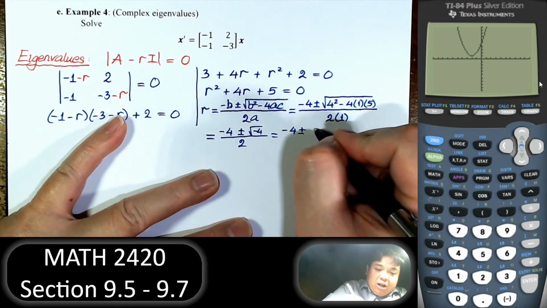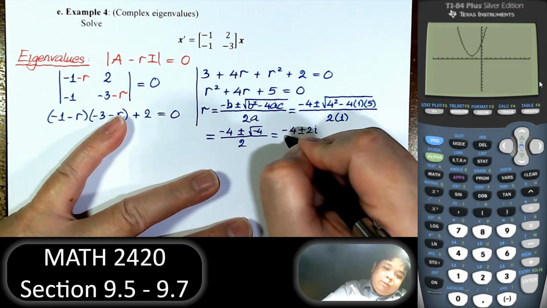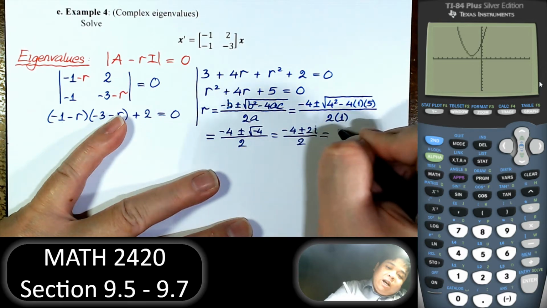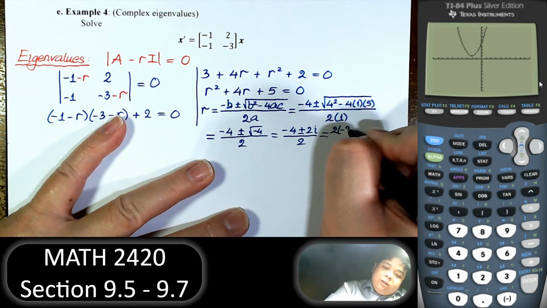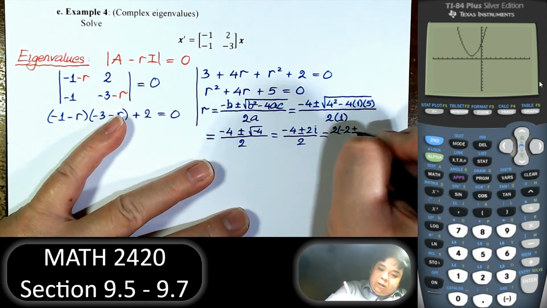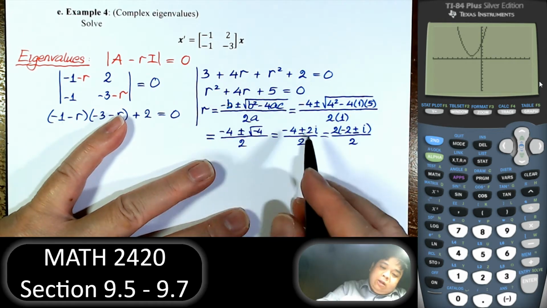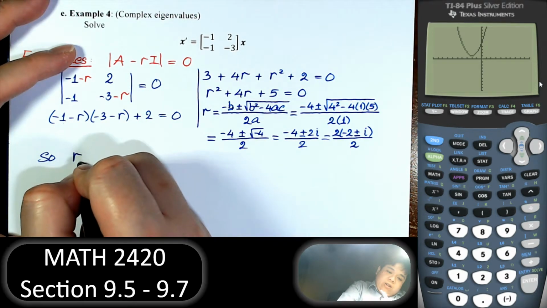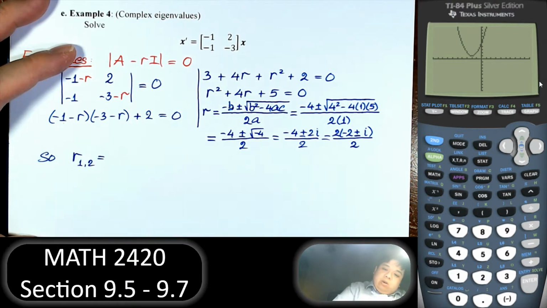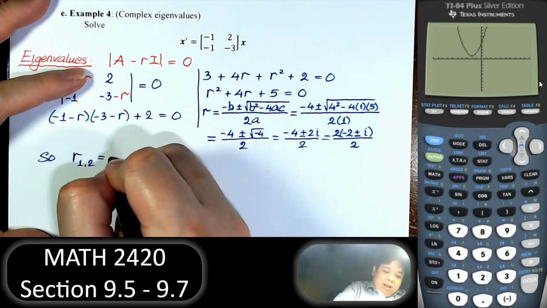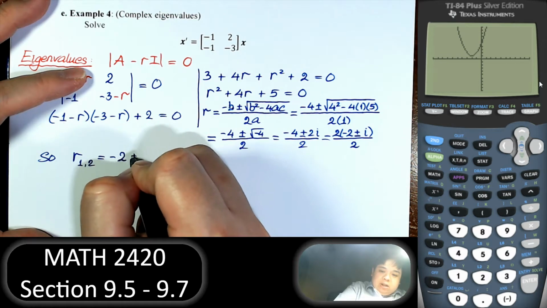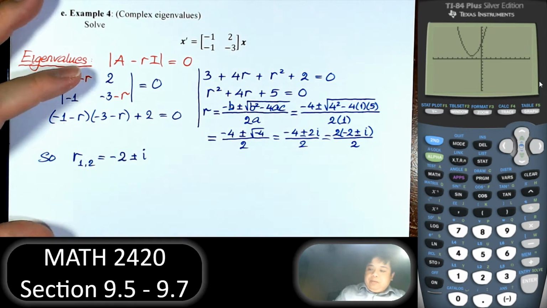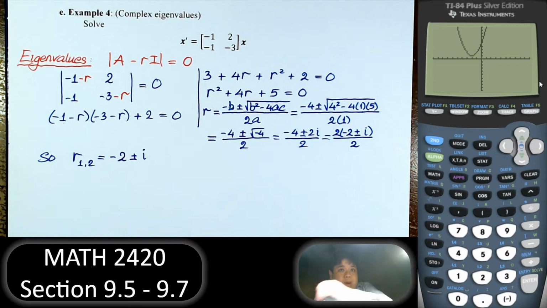Bring the negative outside, it is i. Square root of 4 is 2. Factor out 2 and cancel out the 2. So we have the solution equal to -2 plus or minus i. That's just one with minus, one with plus.